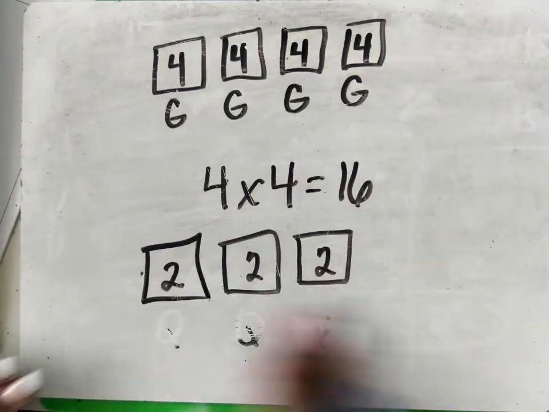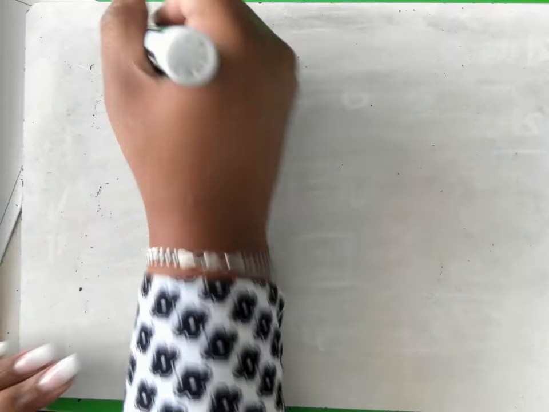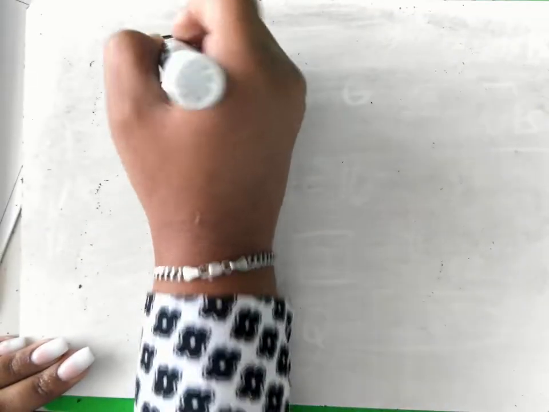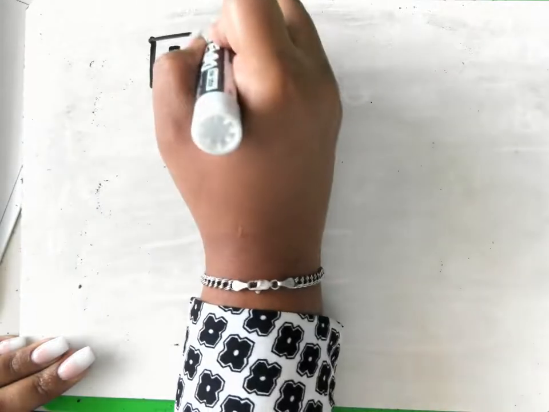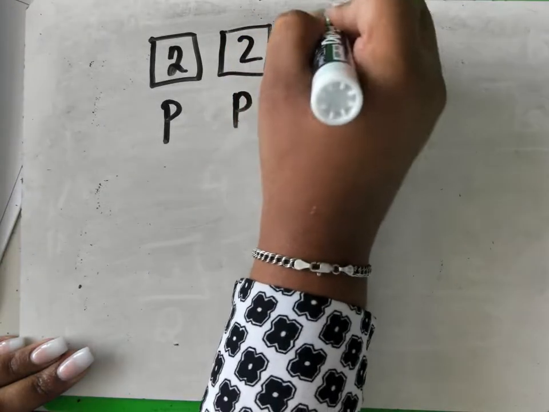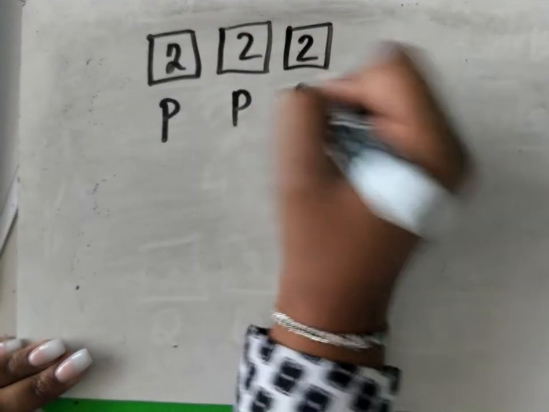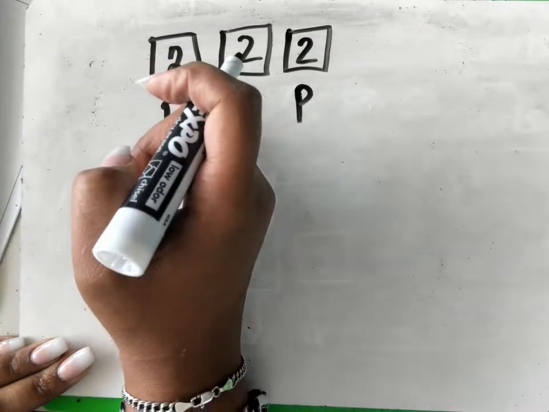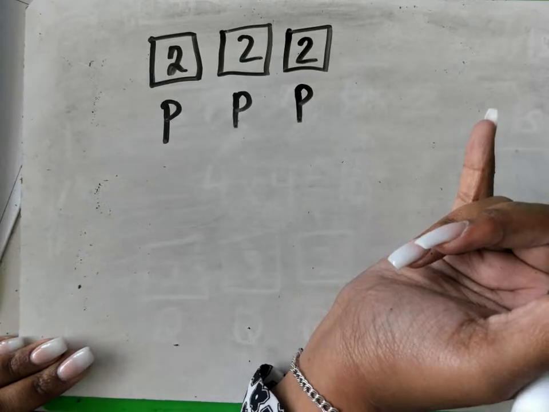For every single pint, I have 2 cups. Another pint, 2 cups. Another pint, 2 cups. So if I have 3 pints, I have 2, 4, 6 cups, right?